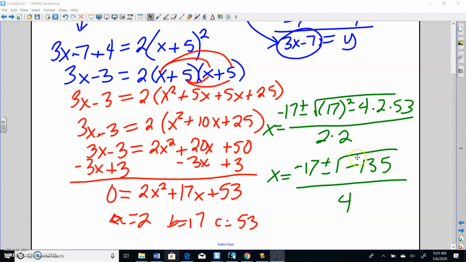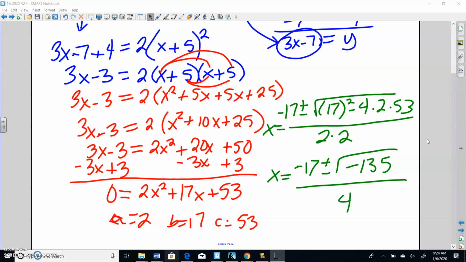Okay, because we get a negative under the radical, that's going to give us i in our solution, right? Can we graph i on the xy coordinate plane? Can we graph imaginary? That's just for real numbers. So anytime we are working these out and we get a negative under the radical, meaning we would have an imaginary solution, that's where they will not intersect.